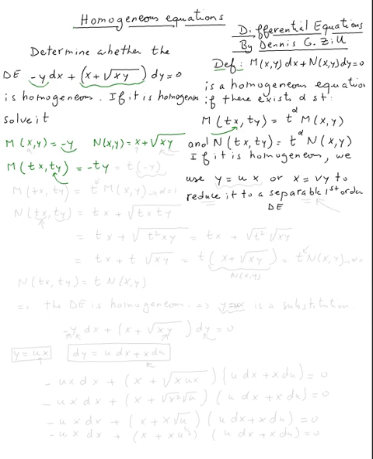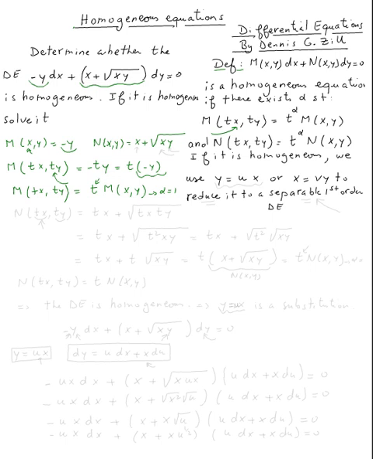This is the same thing as t times negative y. Why did I do that? Because I noticed that this is my M of xy. So this is equal to t M of xy. So basically, my alpha here happens to be 1, the exponent of t.